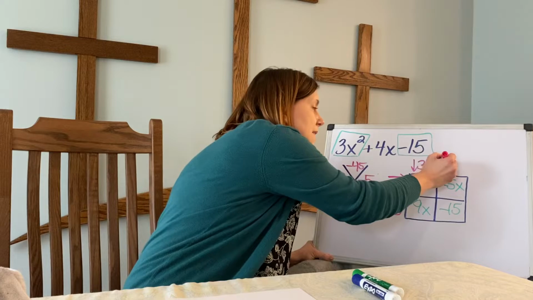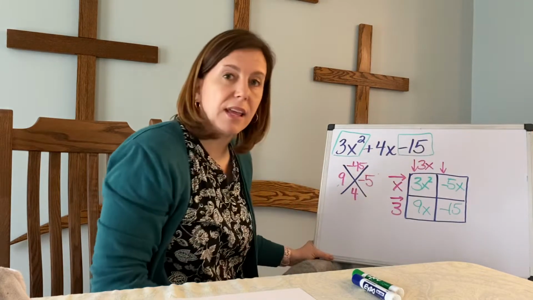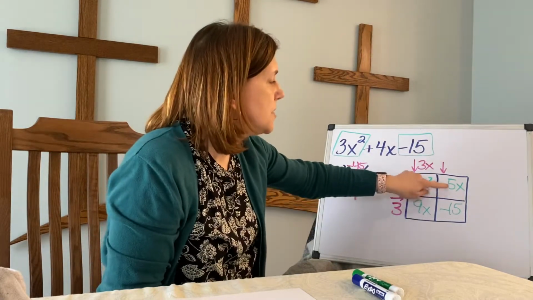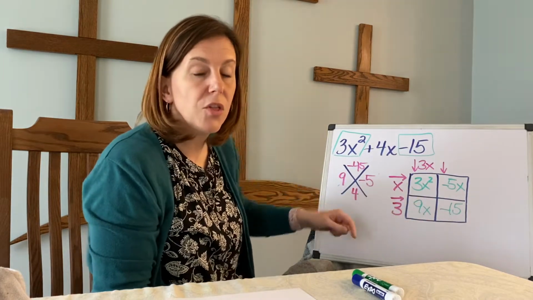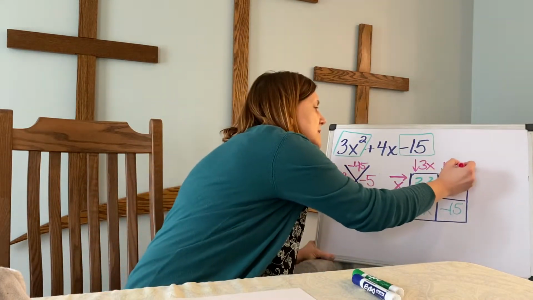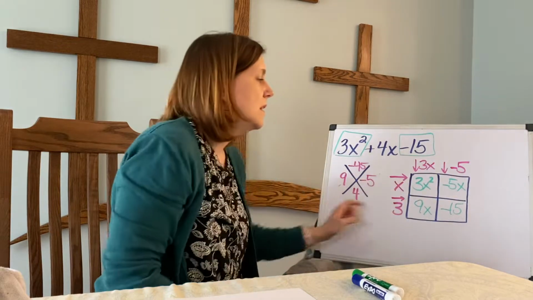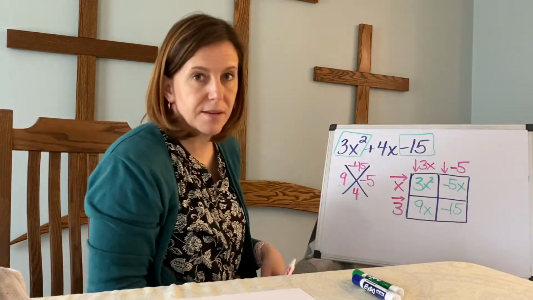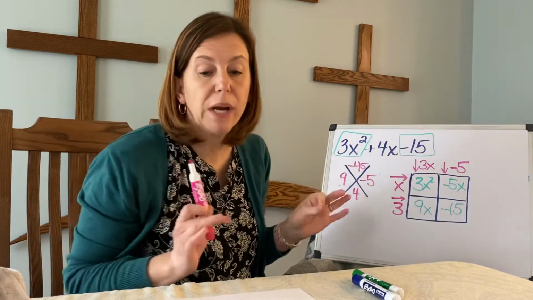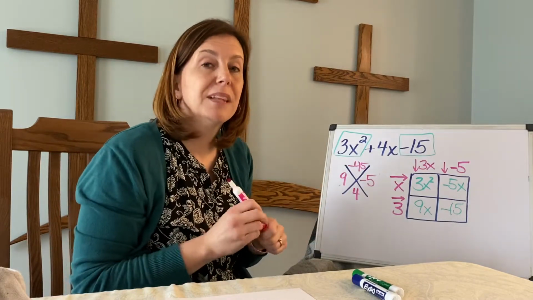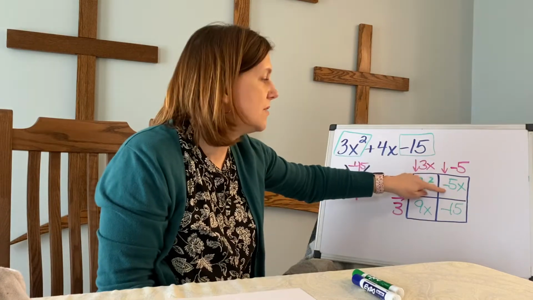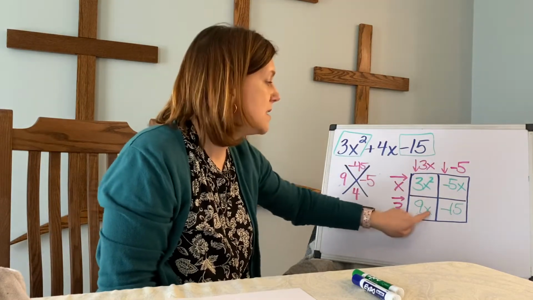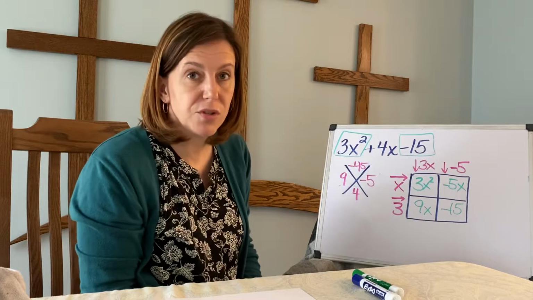The last one I have to do is still thinking vertically of this column. Between these 2 numbers, negative 5 and negative 15, the greatest number that I can take out is a negative 5. This one does not have an x. I want to stop right here and explain why I chose to take a negative 5 out of these 2, but not a negative number out of those 2.